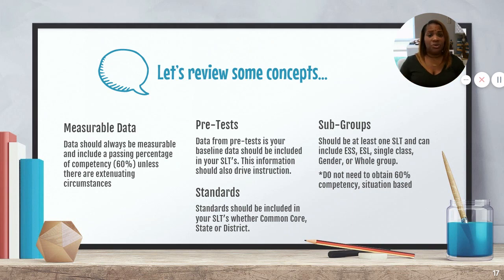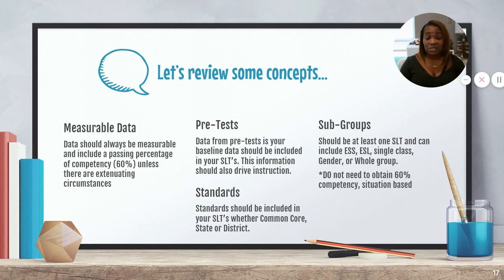Let that exceed your goals. Your standards should be included in your SLTs, whether Common Core, district, state, whatever your standards are. And your subgroups should be at least one SLT and can include ESS, ESL, single class, gender, whole group, all of that.